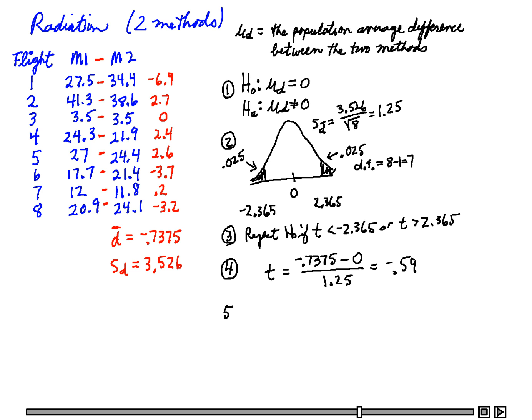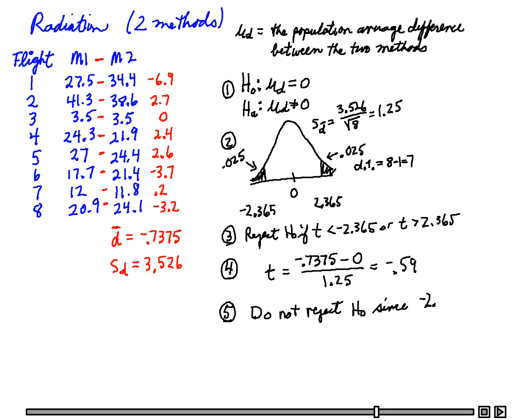So I'm going to say do not reject H sub 0, since that negative 0.59 indicates that the negative 0.7375 is not in the rejection region.